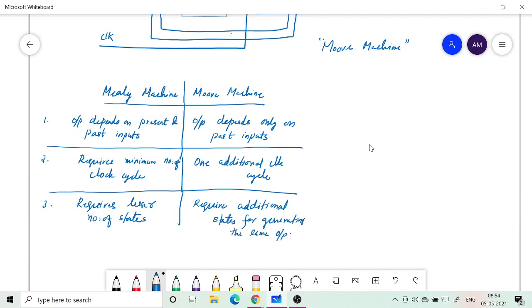Okay, so whatever output is generated by the Mealy machine, to generate the same output we require one additional clock, one additional state. So these are two ways in which you can design.